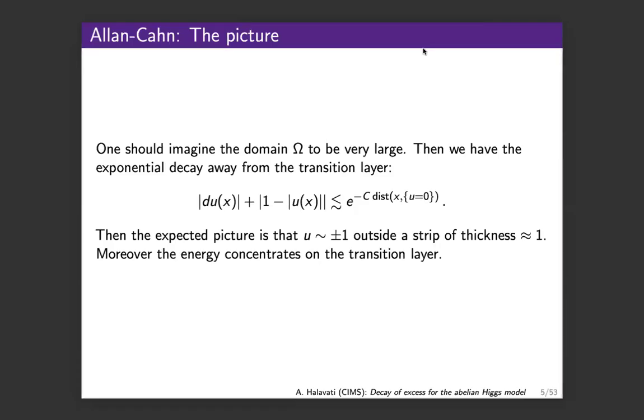So the expected picture is that u is close to being a pure state away from a strip of thickness 1 around the zero set. And in this strip of thickness 1, the energy is concentrating.